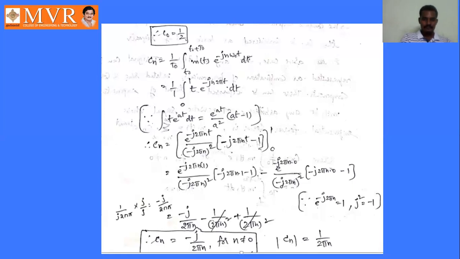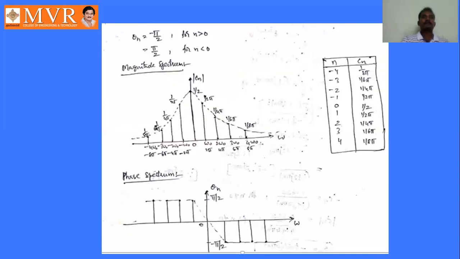So theta n equals minus pi by 2, that is minus 90, and plus 90, versus omega.